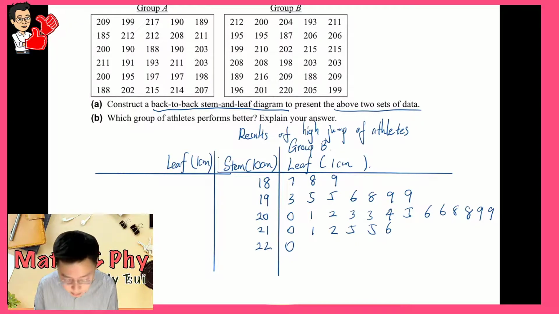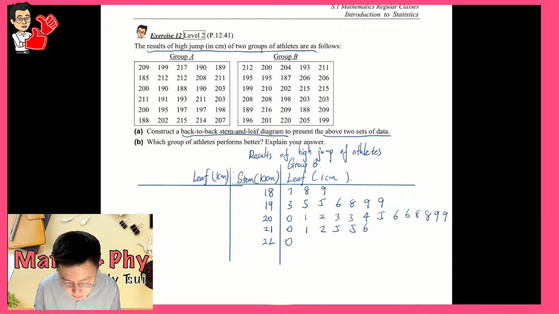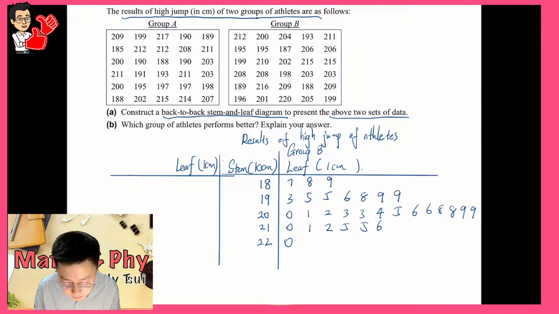Okay, alright, so in these terms, for the back-to-back stem-and-leaf diagram, the left-hand side, we can also do it by using a similar method. However, there are some differences between it and the normal one.